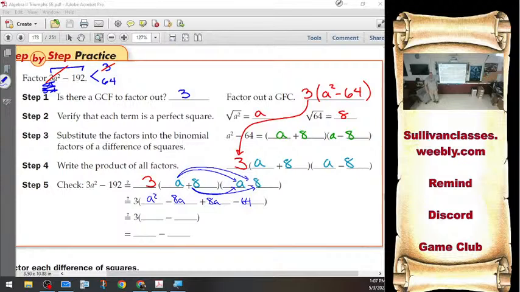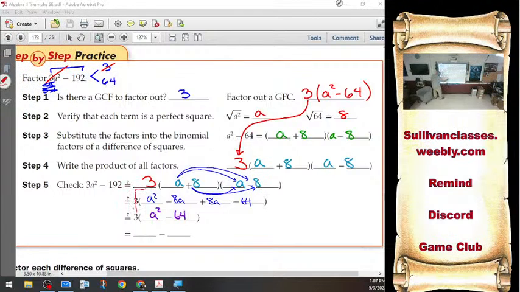Can I combine any of those? You owe me 8 apples, you gave me 8 apples. Poof, 0. We're good. So we now have a squared minus 64, but remember, our kid brother is still here.